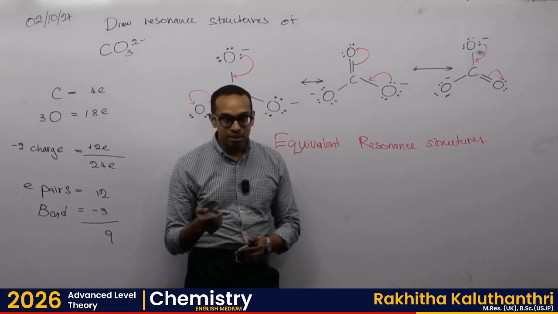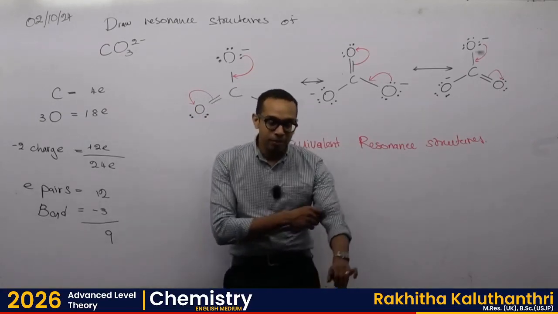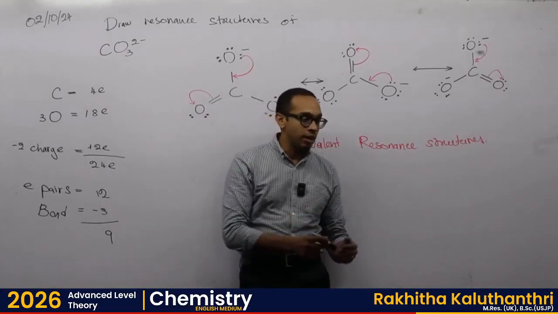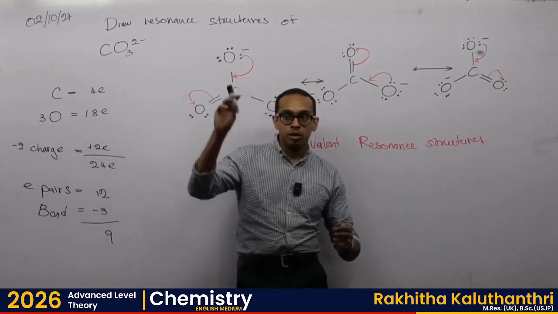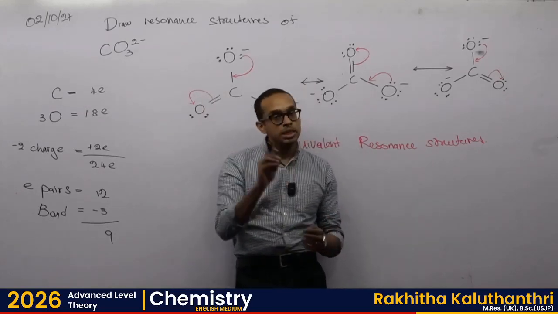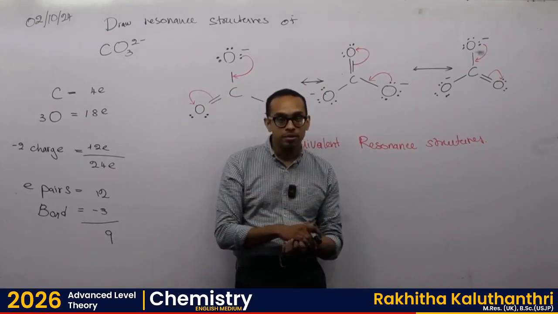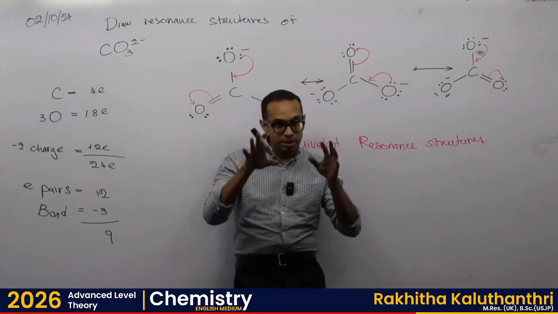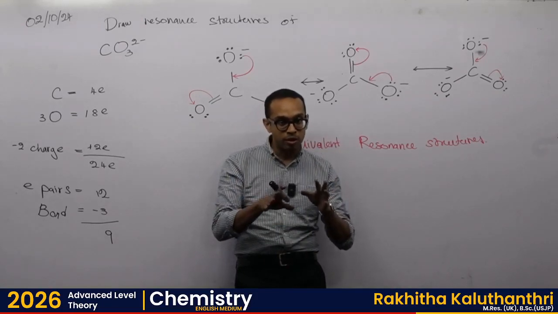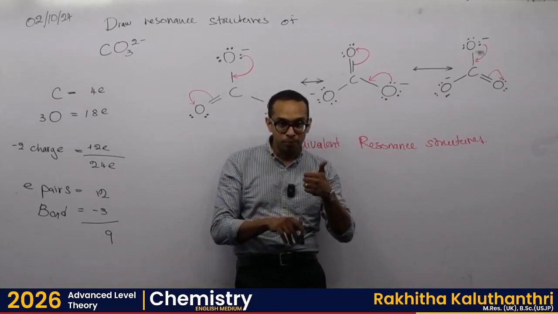Is that clear? Now for example, if you take a structure where there is formal charges on each and every atom, not stable. You need to do something to make it stable. Right. So structure with less number of formal charges on the molecule is good.